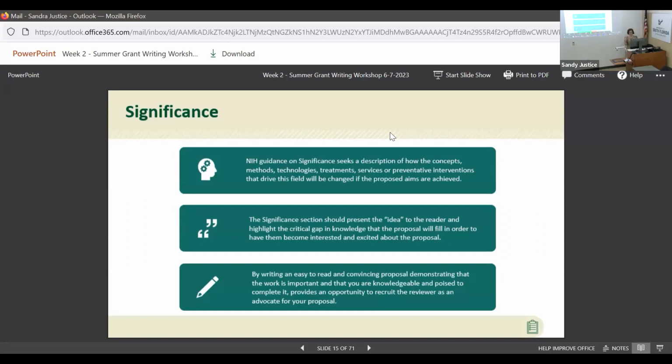So articulating significance in a letter application, for example, may be a few sentences of this problem is extremely important as we see the increase of suicides, or as we realize in this region how many white bikes, because it's not as pedestrian friendly a transportation system, but it could be, right? So when you're describing significance in a letter application, it is brief. It's as brief as one of these sections.